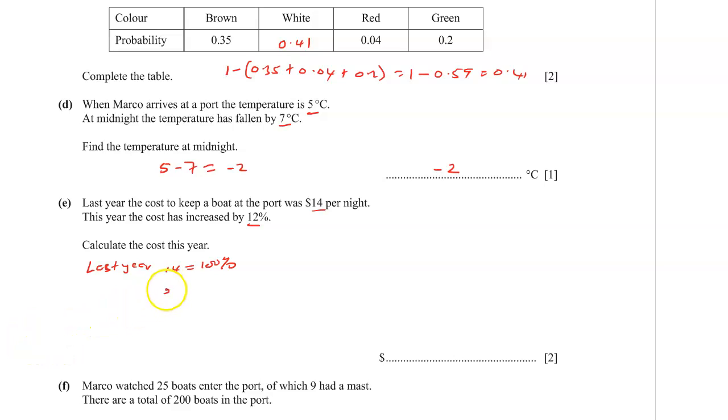So x is what it's increased to. So you cross multiply: 14 times 112 divided by 100, and this will give us 15.68. So the price has increased to $15.68.